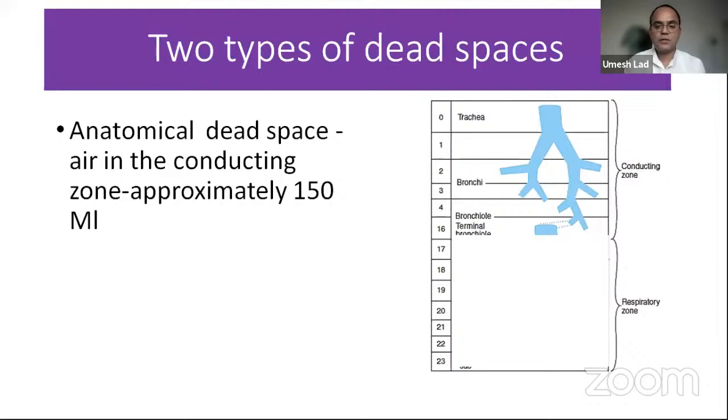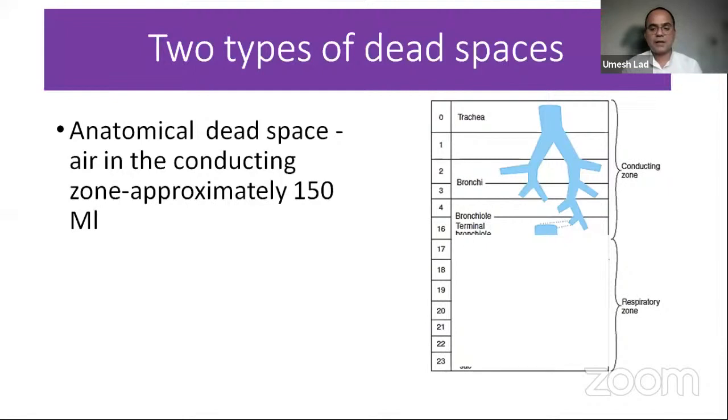So up to the 16th level of the bronchial tree, whatever gas comes there will be stagnant, it will be useless, it is always dead. That's why it is called anatomical dead space, because it is the anatomical design of the tracheal tree.